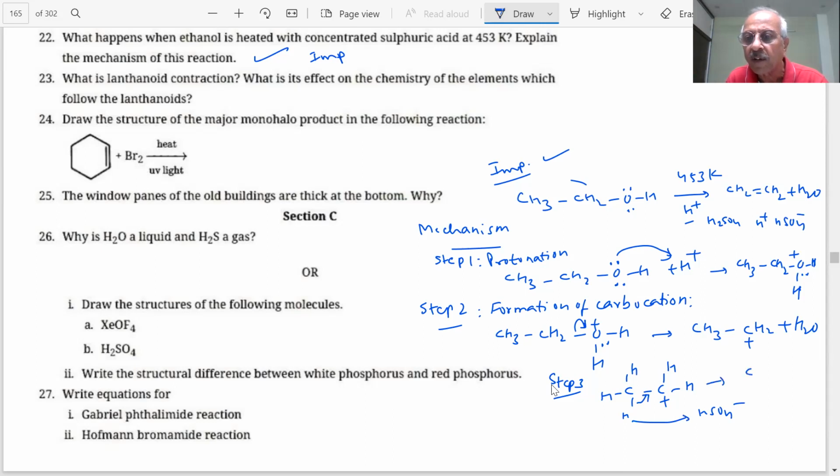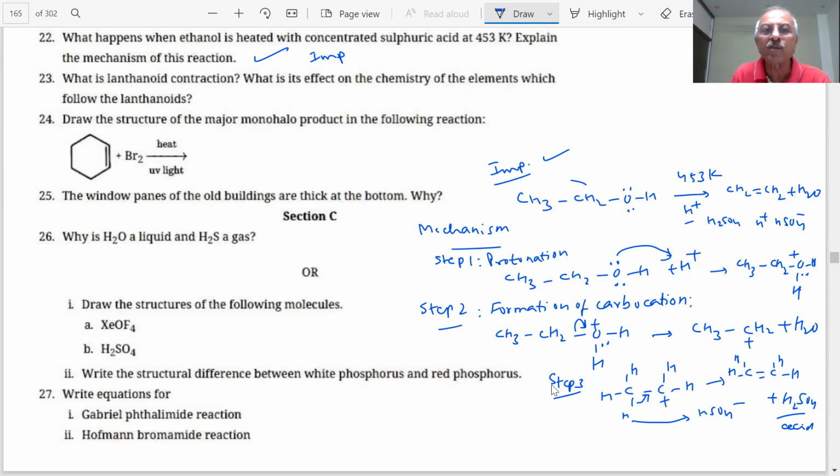The result is CH2 double bond CH2, and you get back the acid H. This is your ethene, student, and this acid comes back as it went. H2SO4, H plus and HSO4 minus here.